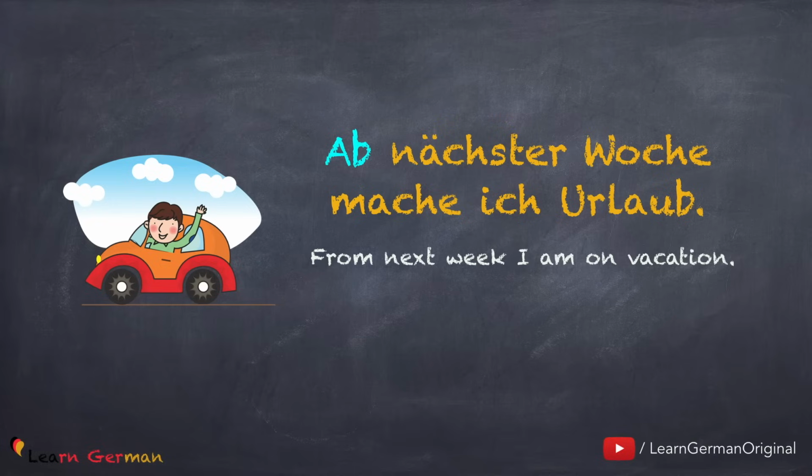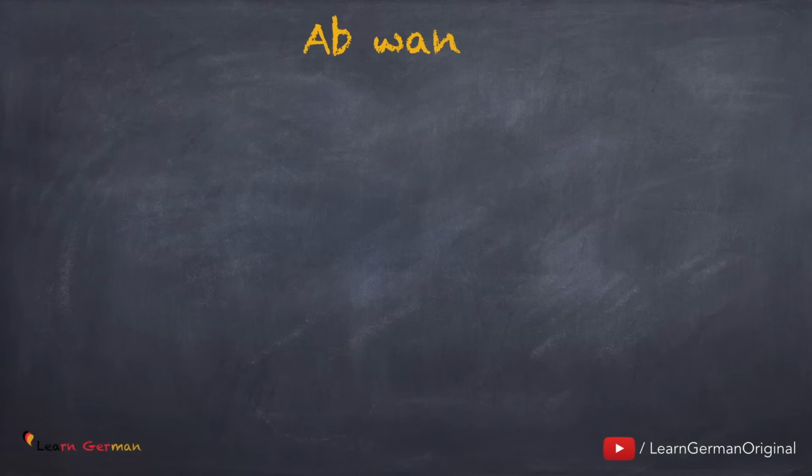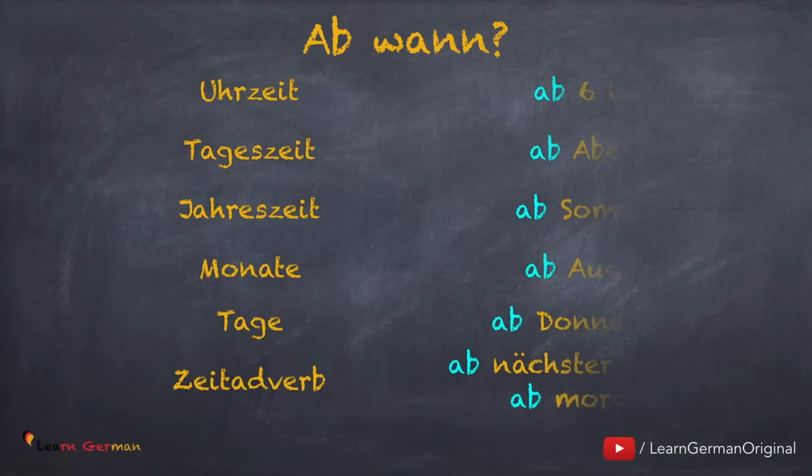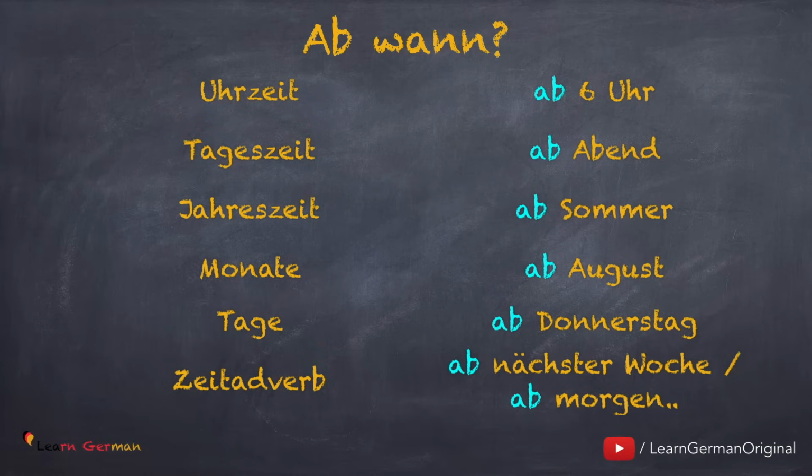Just like the previous ones, the answers here can also vary. Depending on the situation, your answer could be Uhrzeit, Tageszeit, Jahreszeit, Tage, etc. Here are a few examples in this table. You can always pause the video to have a look at them.